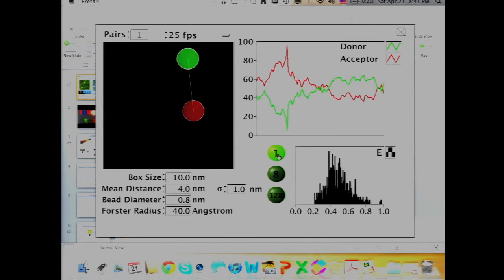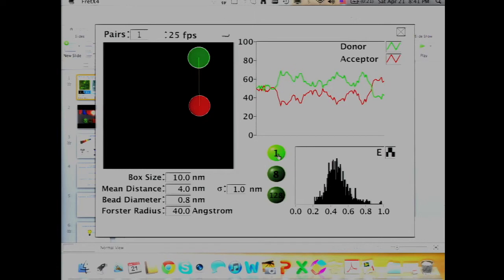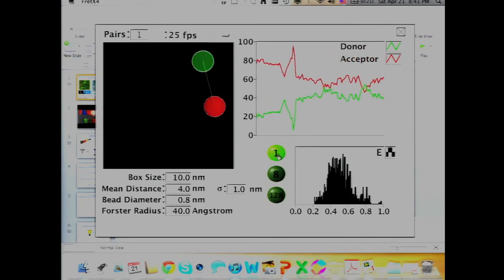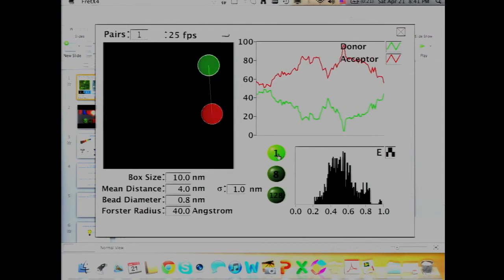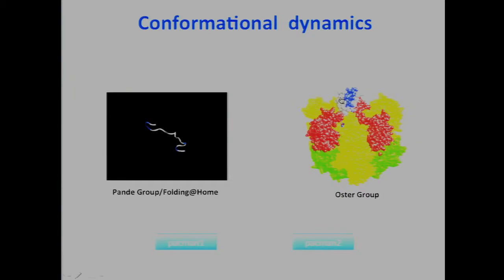So you get the ability to actually measure changes in distance that you couldn't measure traditionally over the ensemble. This has quite profound implications, because it means we can move from protein crystal structures to things that are changing over time.